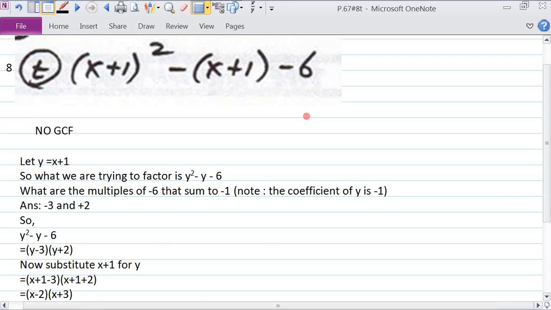I replaced the y with the x plus 1. But you can see, for example, you might be able to do this without using that procedure. I just think it's simpler to do that, and it's a good way to learn when you have more complicated terms.